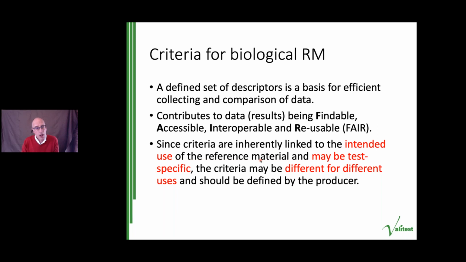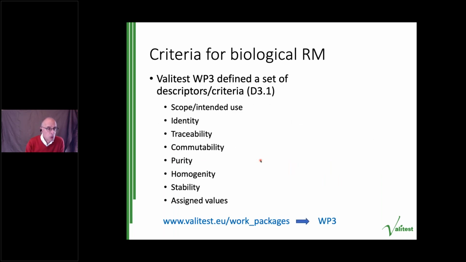And the criteria are inherently linked to the intended use of the reference material. They may be test specific, so it's different for ELISA and it's different for a PCR. And again, it may depend on the intended use of your reference material, but they all should be defined by the producer.